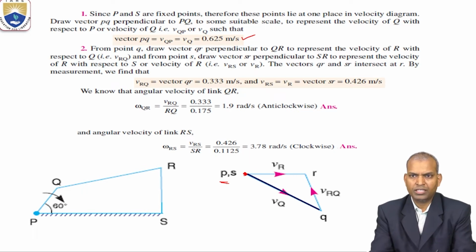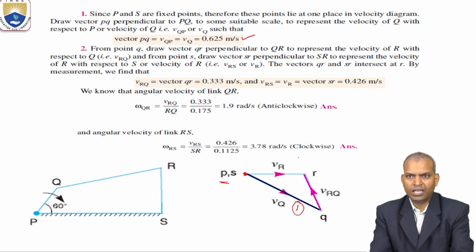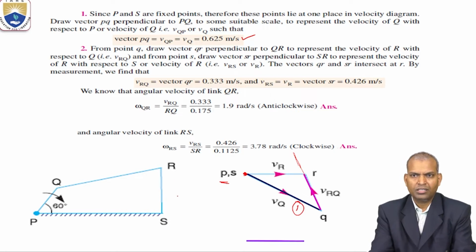That is the first step. Then draw a line perpendicular to the link QR from the space diagram. We don't know the length, so you draw it to any length. After that, from S, draw a line perpendicular to the space diagram line of RS.